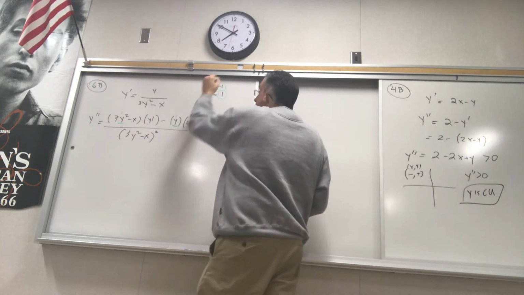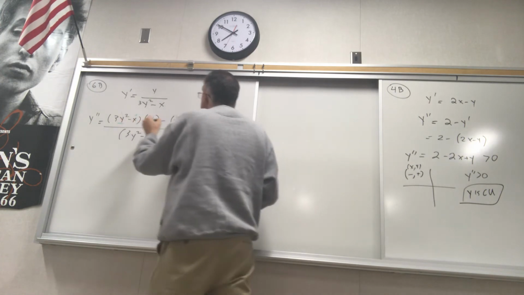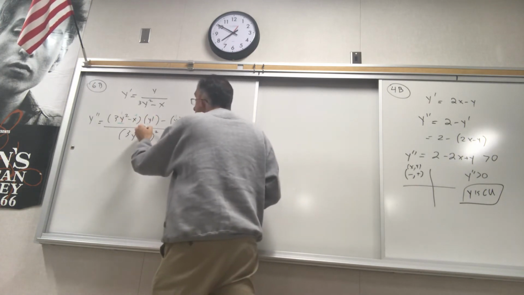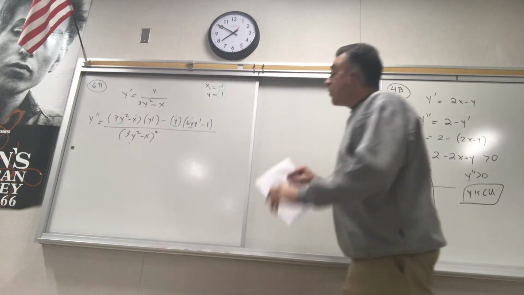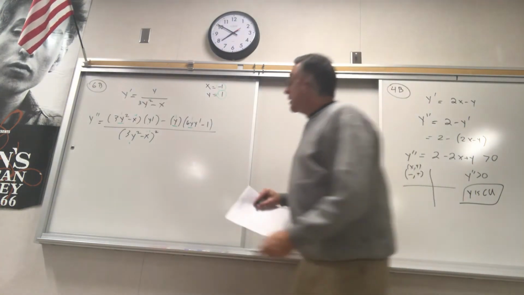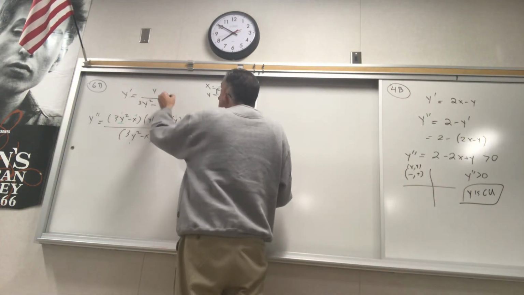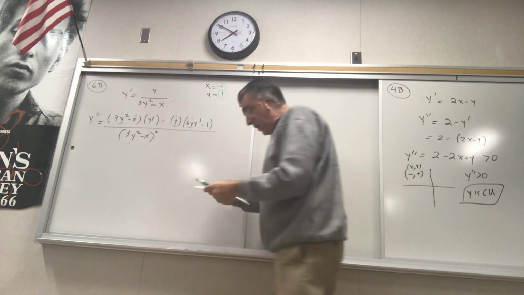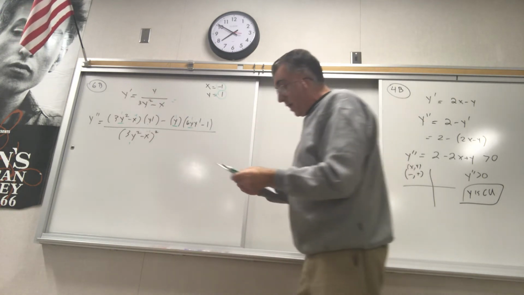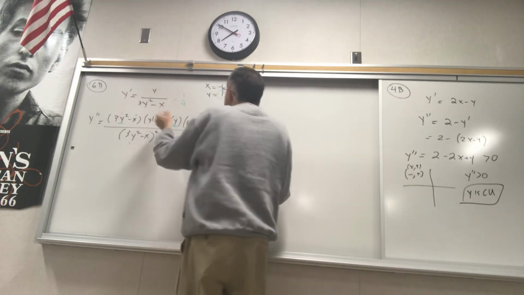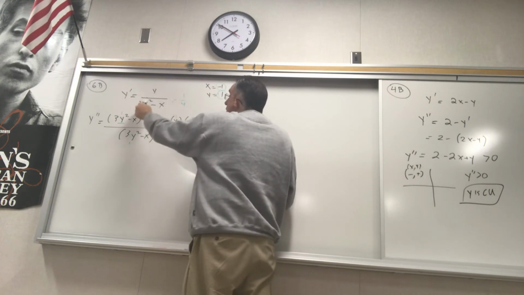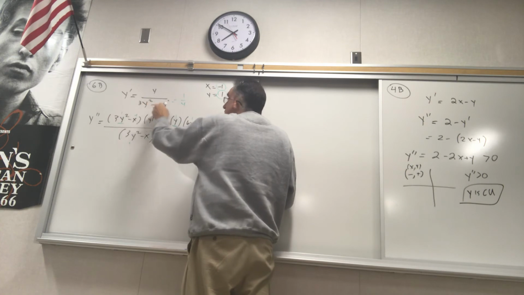Where there's the x, I'm going to put negative 1. And now the y prime, that's the tricky one. We need the y prime a couple times, but I think we did that earlier in the question, in part A. We know it's 1/4. You can redo it again, of course. You put the 1 here and the 1 here and the negative 1 here, so you get 1 over 3 plus 1, which is 1/4.